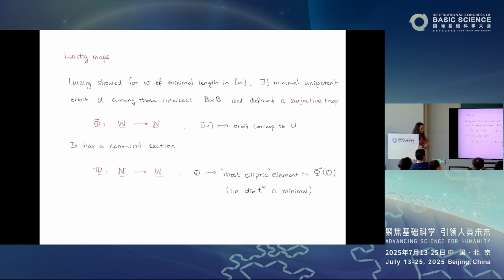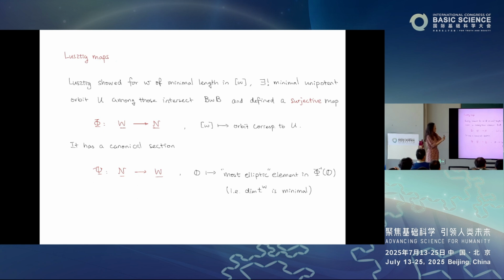Right, and then we want to relate the two maps we just defined through some maps Lusztig has defined. So Lusztig constructed a surjective map from conjugacy classes of W to unipotent conjugacy classes in the following way.